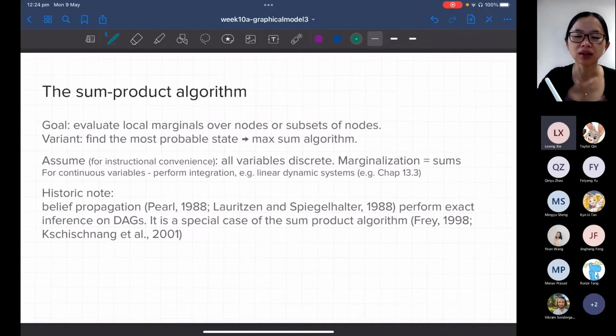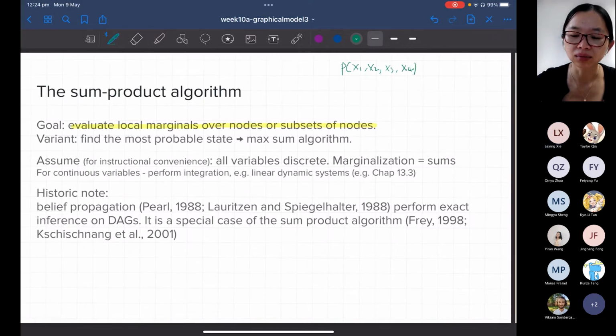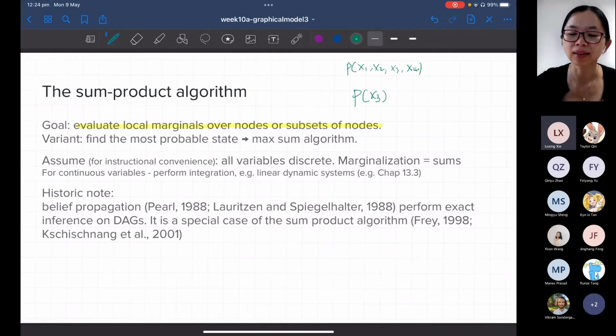The goal here is to evaluate local marginals over nodes or a subset of nodes. An example of this is, let's say we have the joint probability distribution of x1, x2, x3, and x4, and then local marginals: if we want the probability of x3, what should we do, given the graph parameters?